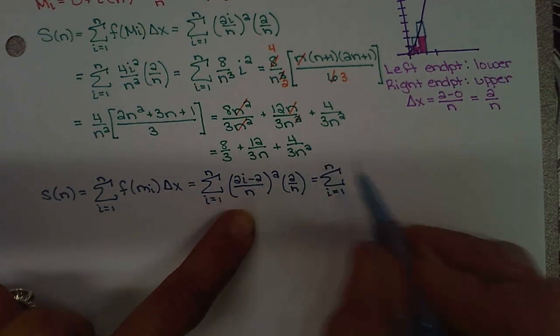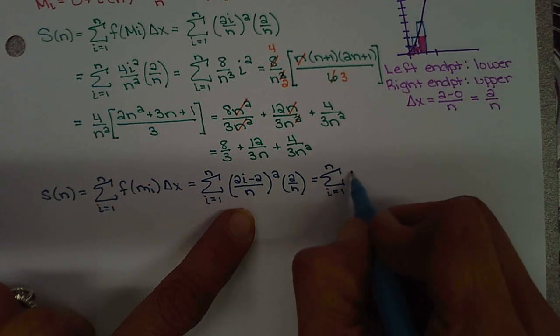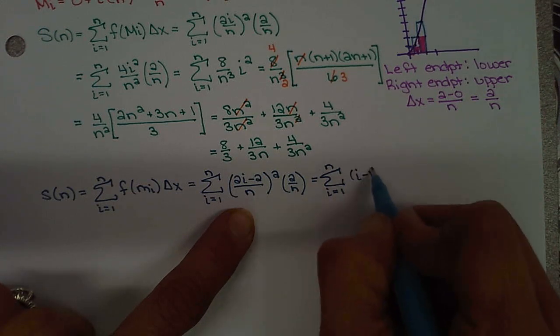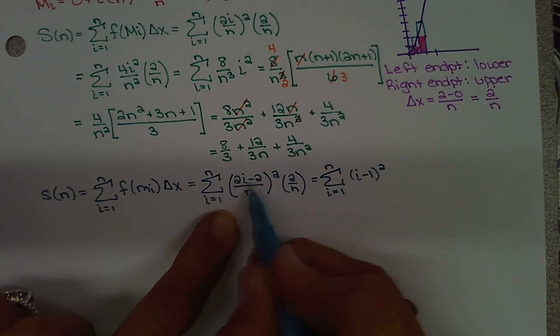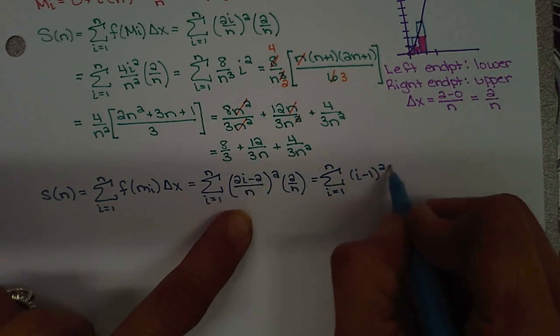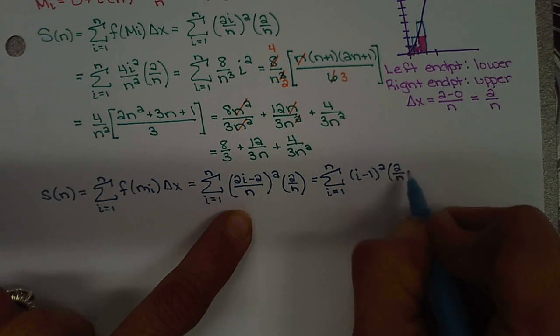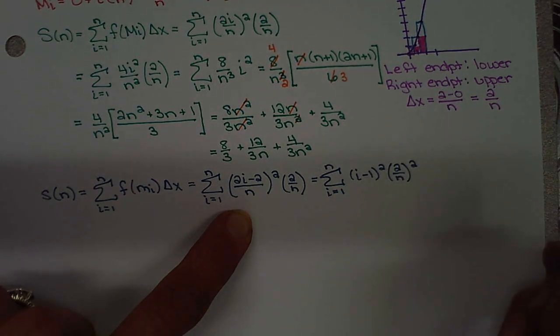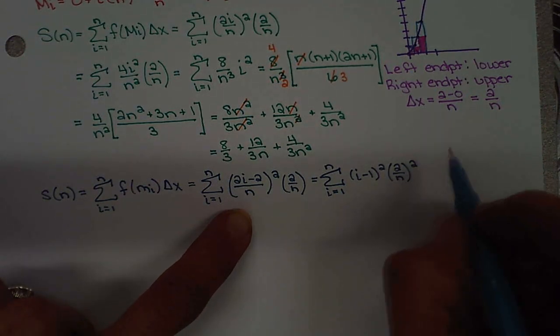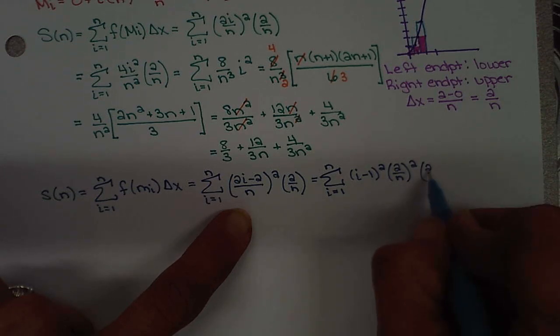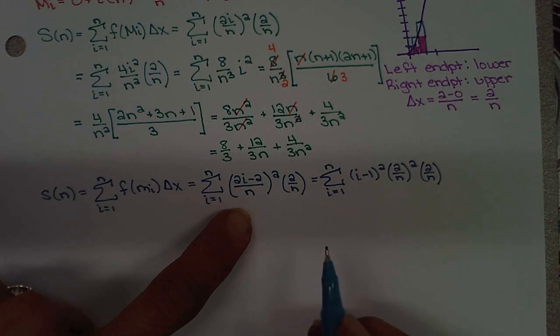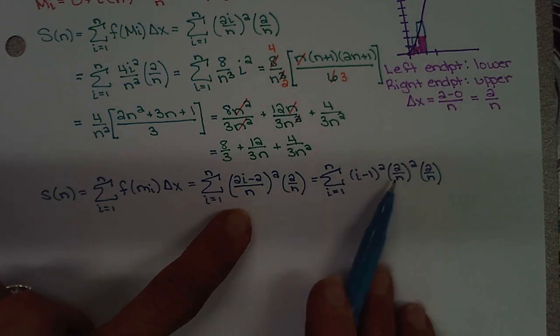I can break this apart and leave it as my I minus 1 and let it be squared. And then if I take the 2 and the n out, I'm going to end up with a 2 over n squared times then the 2 over n that I have for my width.